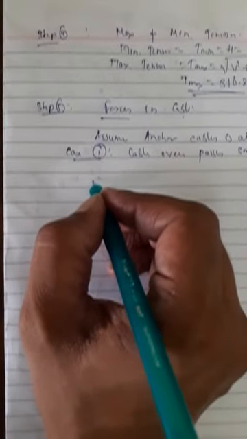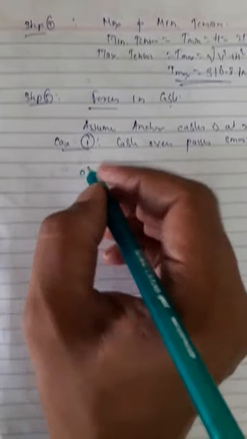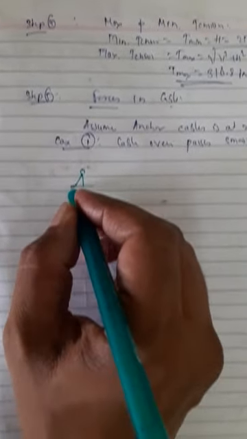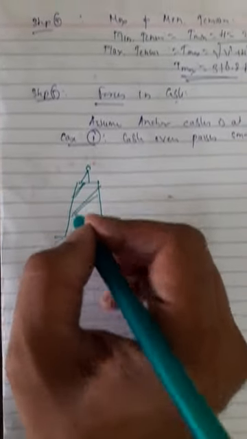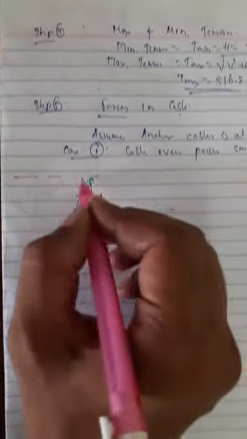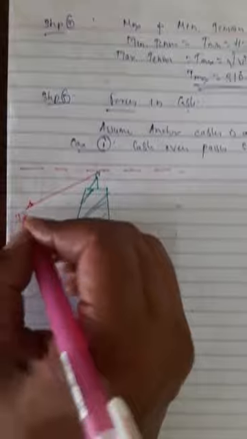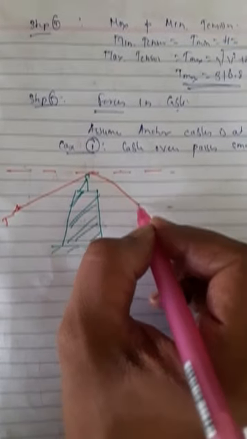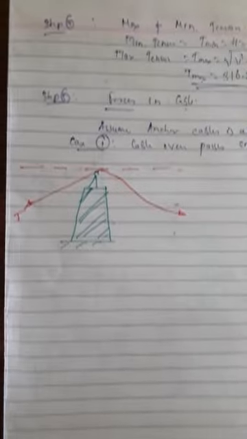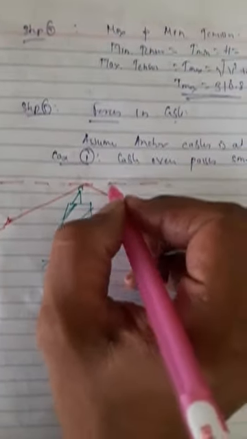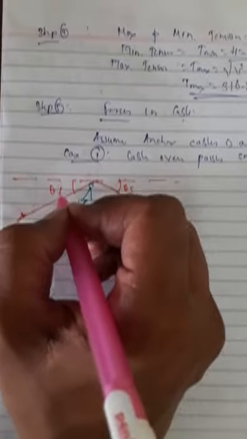Let me draw the diagram. On this side, on the left side is my anchor cable. Let the tension be T. On the right side, my cable makes an angle like this. This is theta S, theta A.